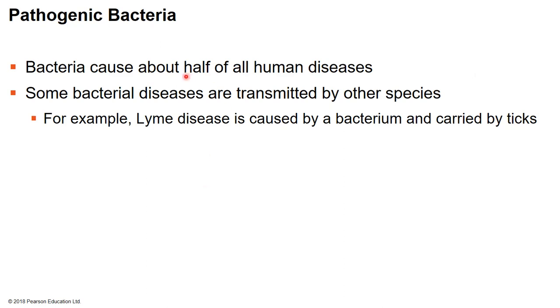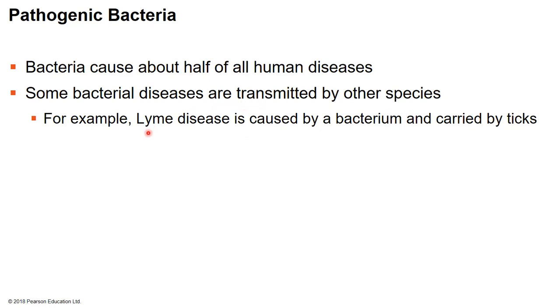Bacterial pathogens are known to cause half of all human diseases. And some of these bacterial diseases are caused by bacteria directly or indirectly, because they are transmitted by other species.